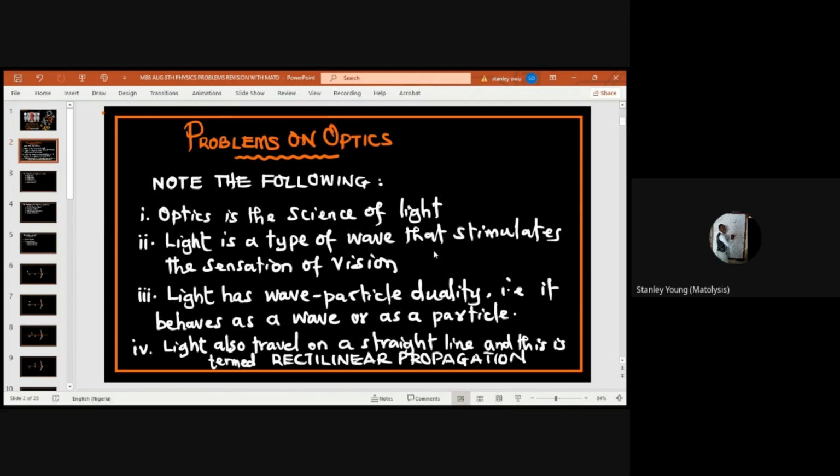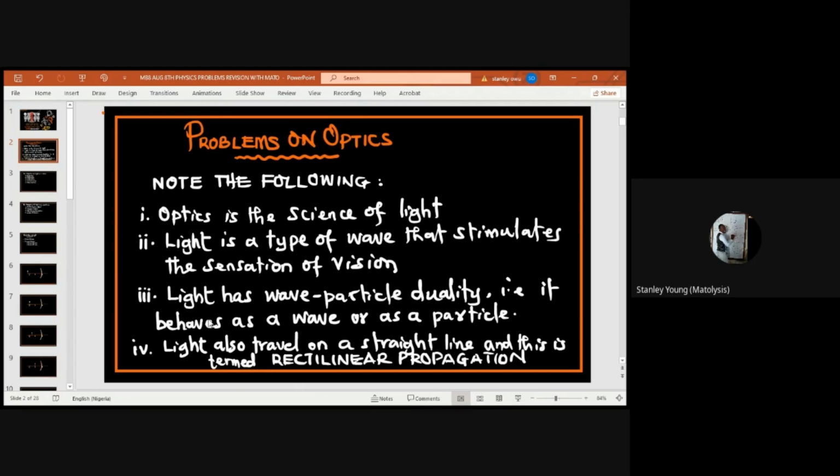So what's now the complete definition of light? If you don't simply want to say light is a type of wave that stimulates the sensation of vision, just add additional information: light is an electromagnetic type of wave and a transverse type of wave that stimulates the sensation of vision.